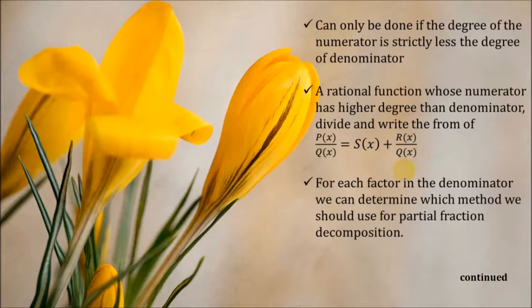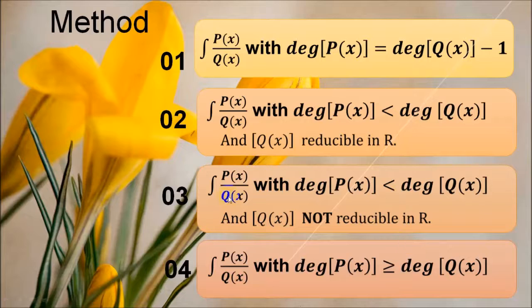For each factor in the denominator, we can determine which method to use for the partial fraction decomposition. We have four methods. First, the integral of P(x) over Q(x) where the degree of P(x) is equal to the degree of Q(x) minus 1.